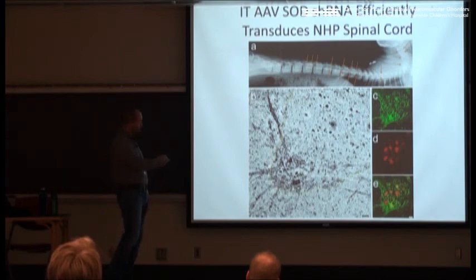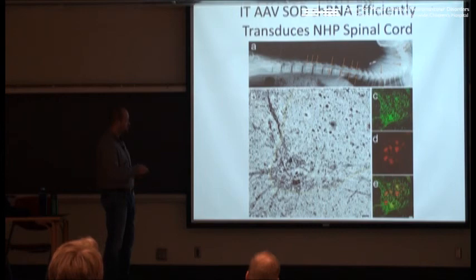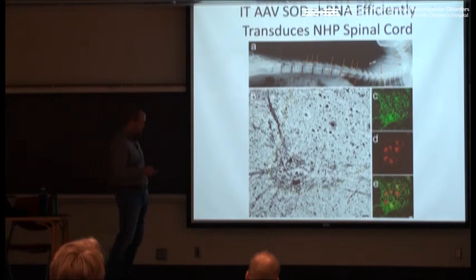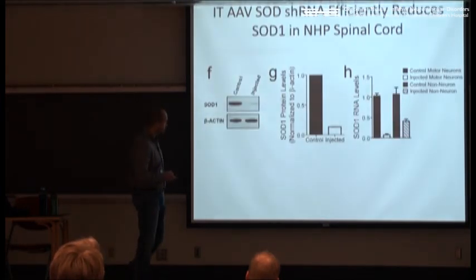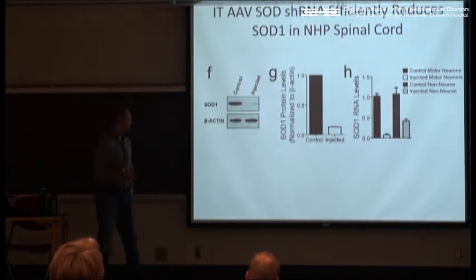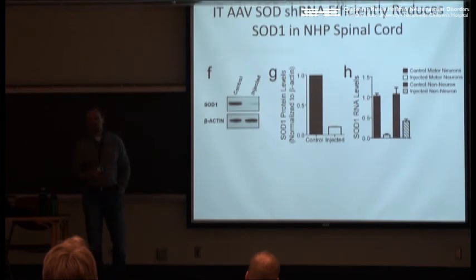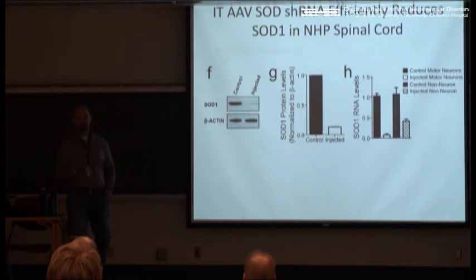And so we're using our same construct, and then we've got GFP and we've got our SOD1 shRNA, and this time directed to non-human primates. And so black is GFP immunostaining, and we're seeing robust induction throughout at least the ventral aspect of the spinal cord. And then when you capture regions of the spinal cord and measure SOD levels, these aren't transgenic primates.